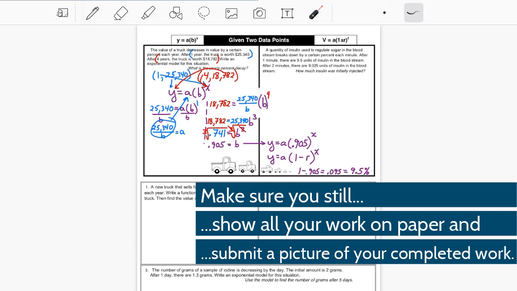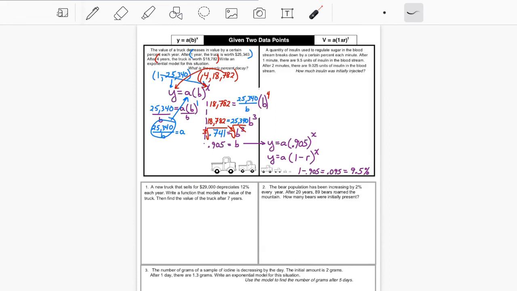Now, the way the Google form is designed is that it's going to force you to go back until you can get the right answer. And the idea is to get the right answer for 1, 2, and 3. I want you to get full credit for this activity.